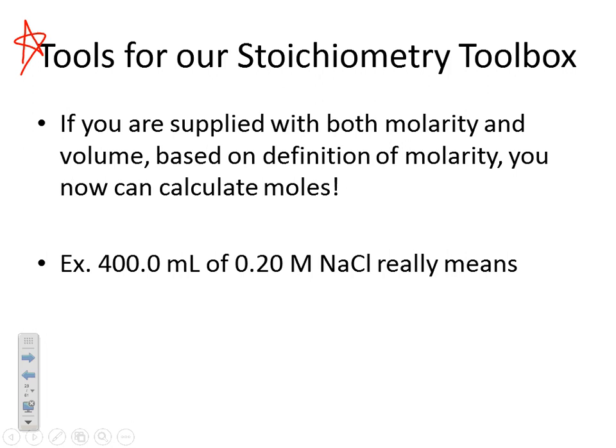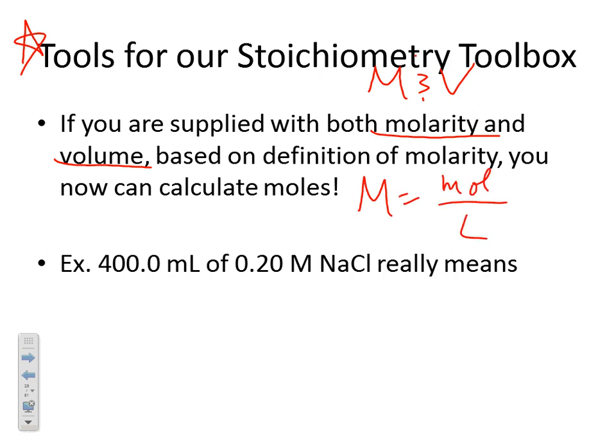If you are given molarity and volume, that very specific combination of information, the concentration of that thing and the volume of that thing, based on the definition of molarity, which is molarity equals moles per liter, right? Guess what? You really have moles.